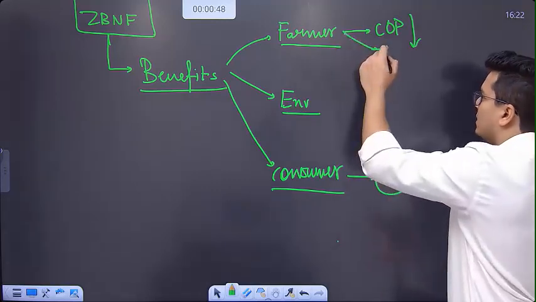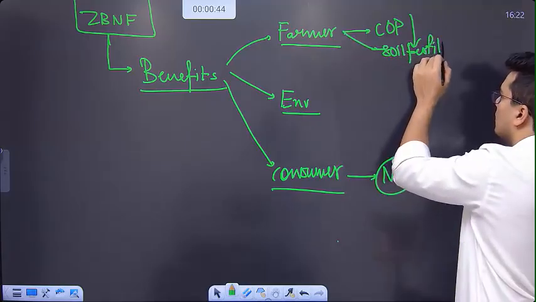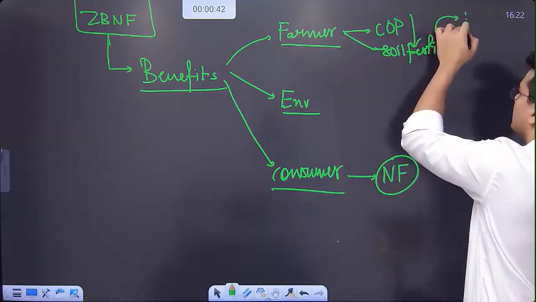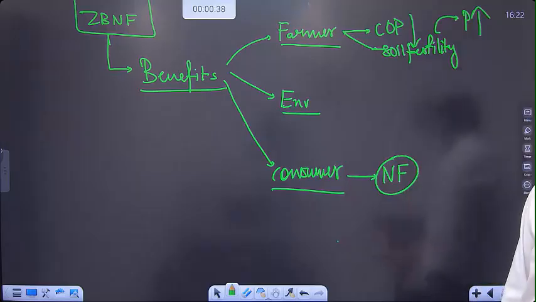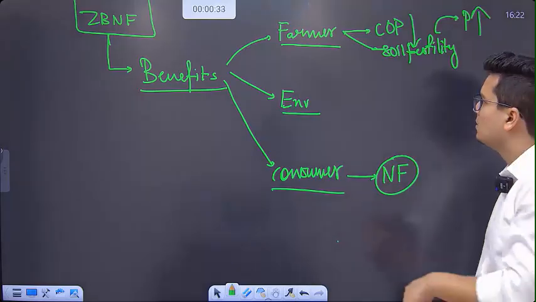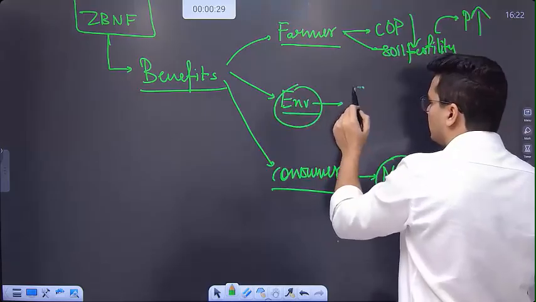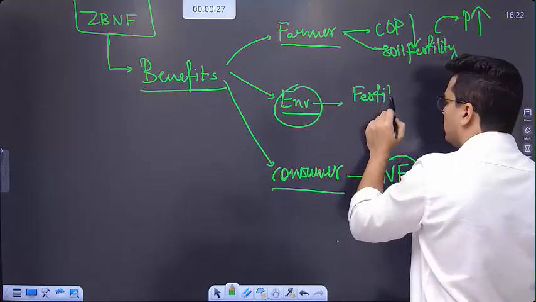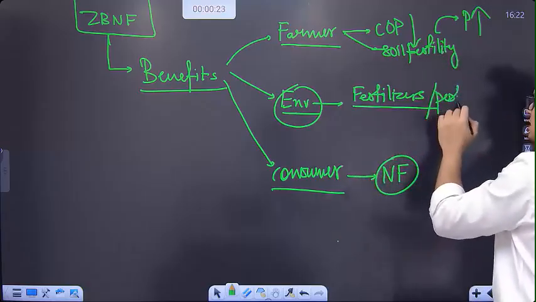Farmers will have better soil fertility, so the productivity of their farm will increase. What else? Good. Environmentally, we are going to face less burden in terms of pollution from fertilizers and pesticides.